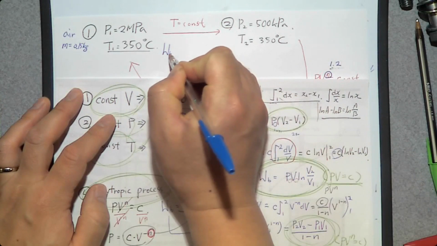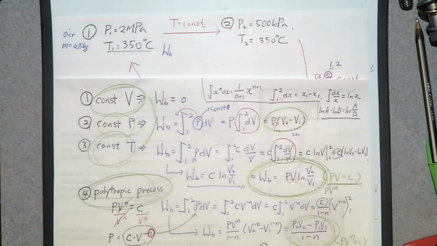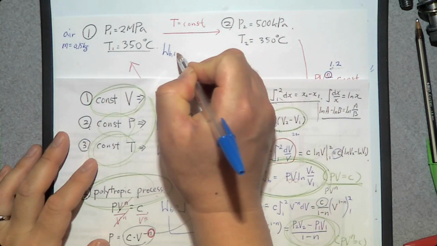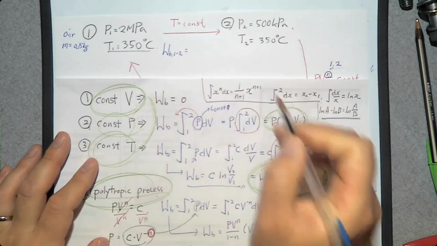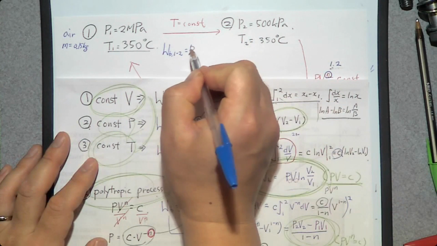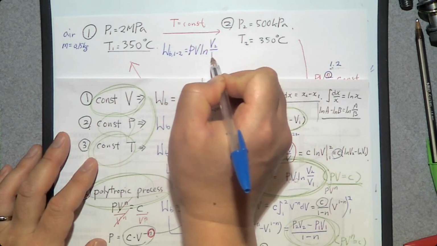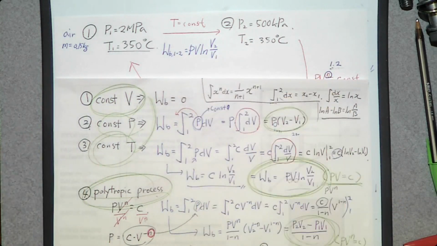WB, moving boundary work. However, we have 3 moving boundary works: process 1 to 2, process 2 to 3, process 3 to 1. So this one is going to be the moving boundary work from 1 to 2. It can be determined by this equation, PV natural log V2 over V1.